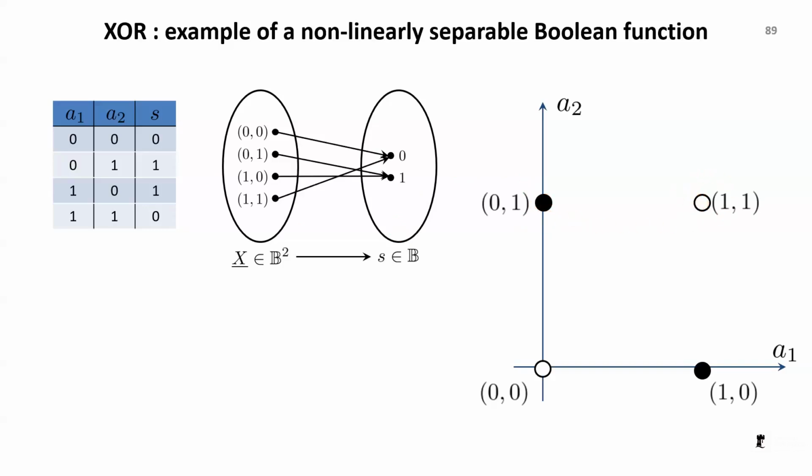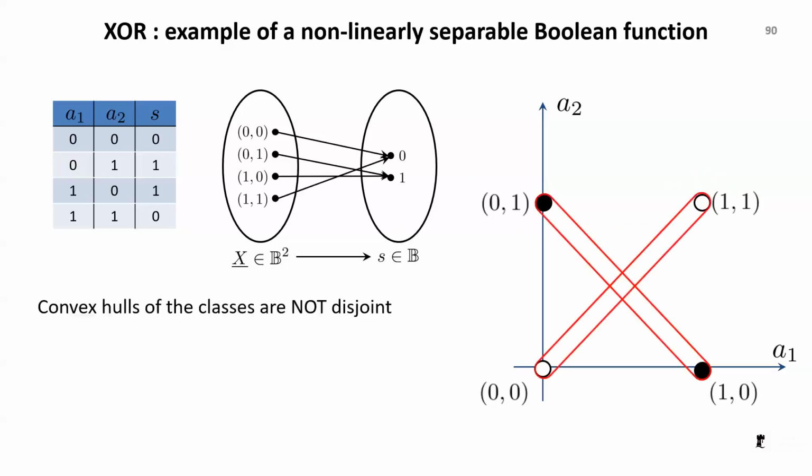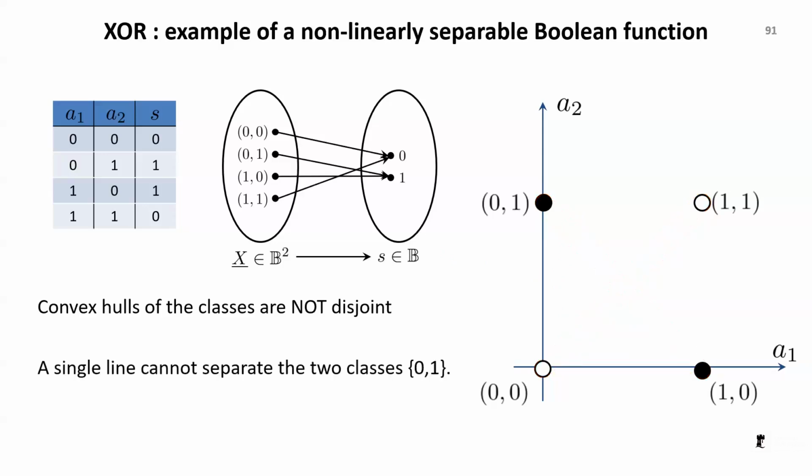Hollow bullets mean false. Now, if we look at the convex hull, you can see the convex hull for true and convex hull for false are not disjoint, so that it is not a linearly separable problem, and so we cannot have a single separable line to discriminate the two classes.